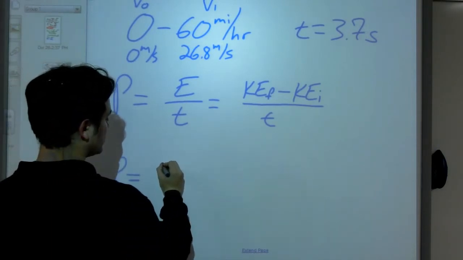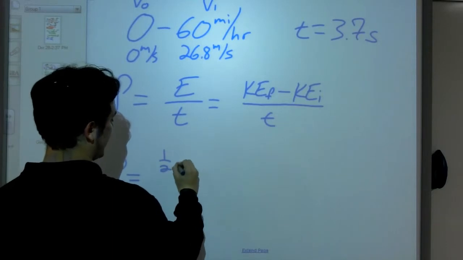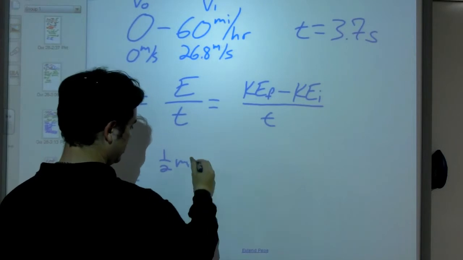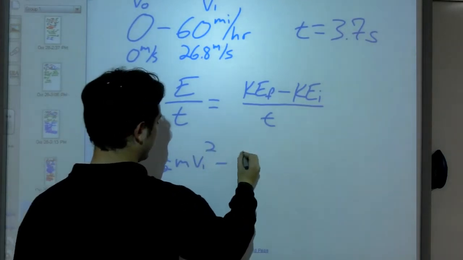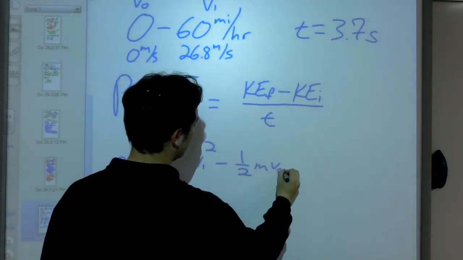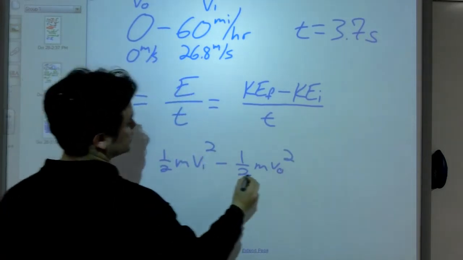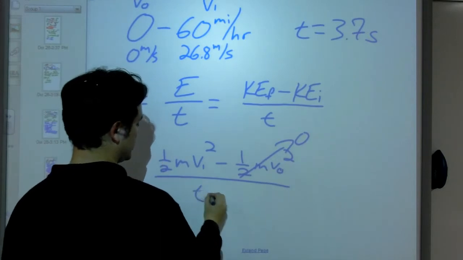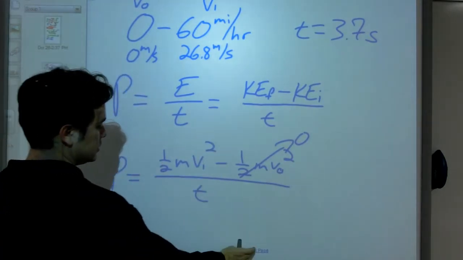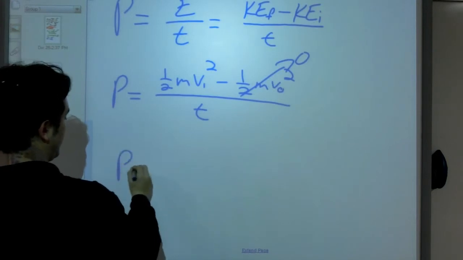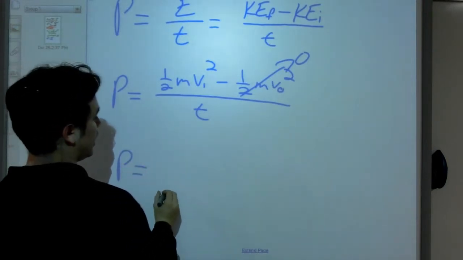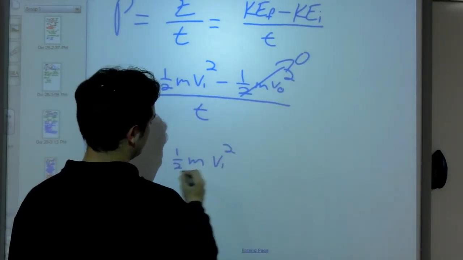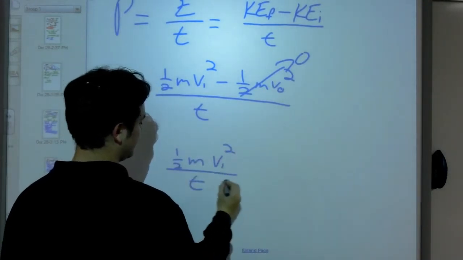P equals kinetic energy final, which is going to be 1/2 m V final, which is V1 in this case, V1 squared, minus 1/2 m V0 squared. Well, V0 was 0, so this term just goes away, divided by our total time, which is 3.7 seconds. Extending this up some, the power that goes into speeding the car up is 1/2 m V final squared divided by the time.